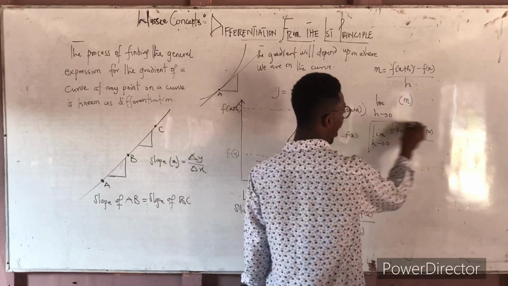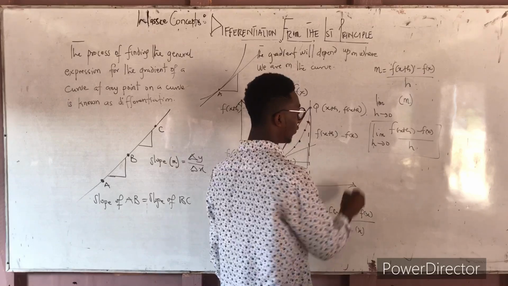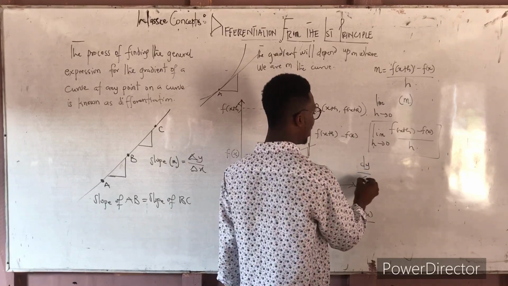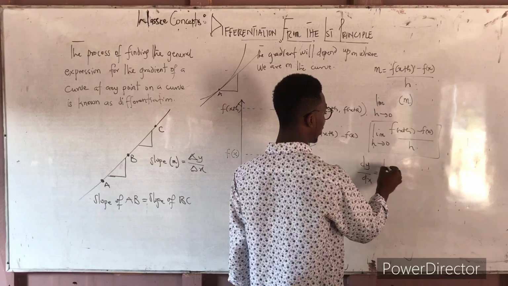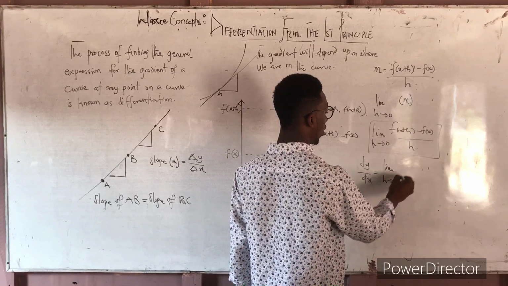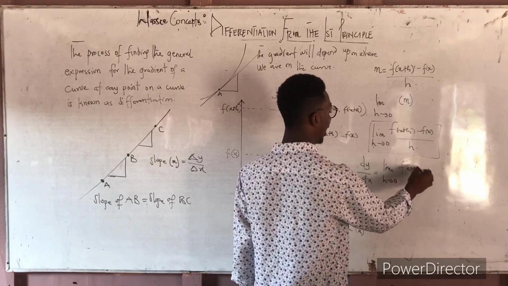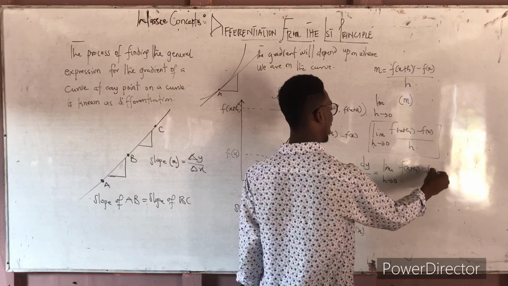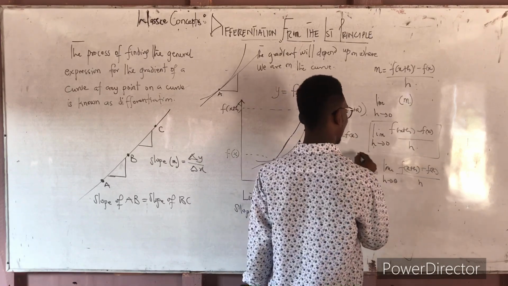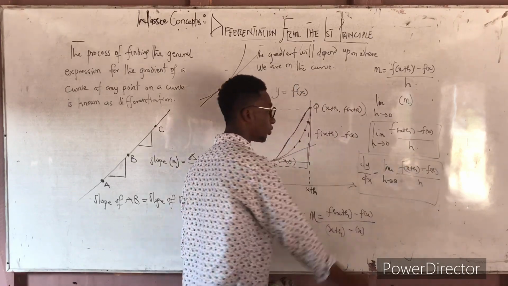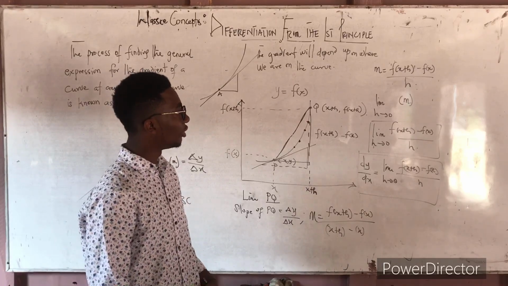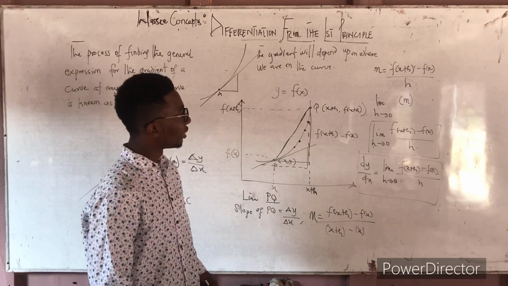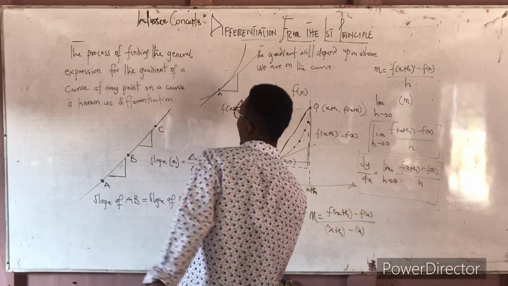And this limit we find is known as the differentiation. So the dy dx from the first principle is equal to the limit as h approaches 0 of f of x plus h minus f of x all divided by h. And this is what we refer to as the differentiation. So I want us to take only one example, and I end this lesson.